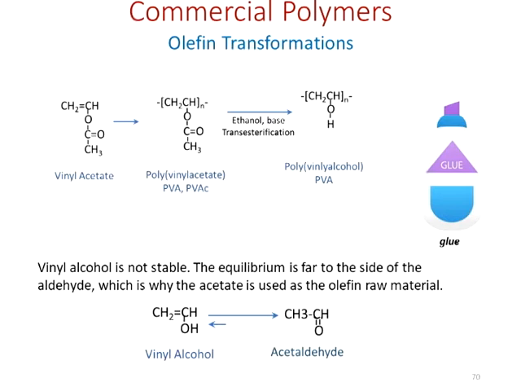Essentially, the equilibrium for vinyl alcohol lies to the side of acetaldehyde, and that's what's very important about it. So this is a way of manipulating other types of organic chemistry structures or organic reaction chemistries to achieve your final goal. All right, so that's it for your white glue.